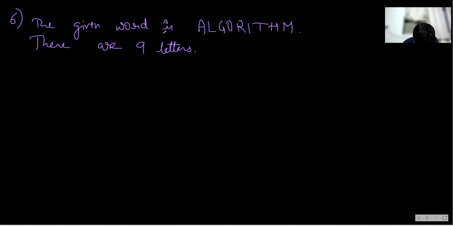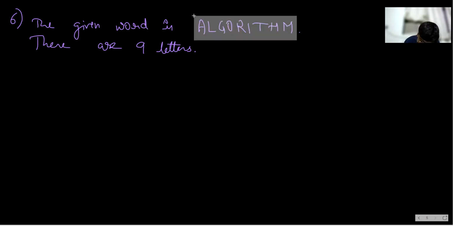They're saying determine the number of arrangements of letters of the word algorithm. After that, they have given some conditions. Think if they had not given conditions. There are total 4 questions, and I'm now asking you the fifth one. Suppose the question had been: determine the number of arrangements of the letters of the word algorithm.